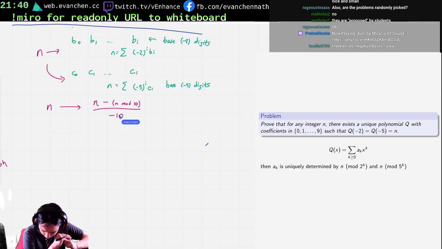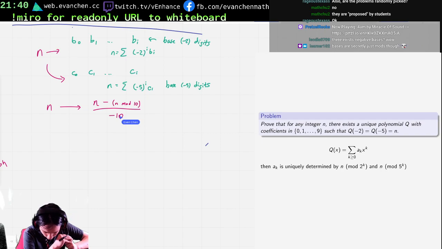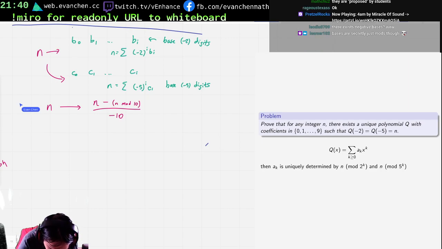Wait, actually, if that's what happens, why doesn't the absolute value just decrease? This doesn't seem right. No, this is too easy. No, sorry, I'm just being stupid. This is not what happens.